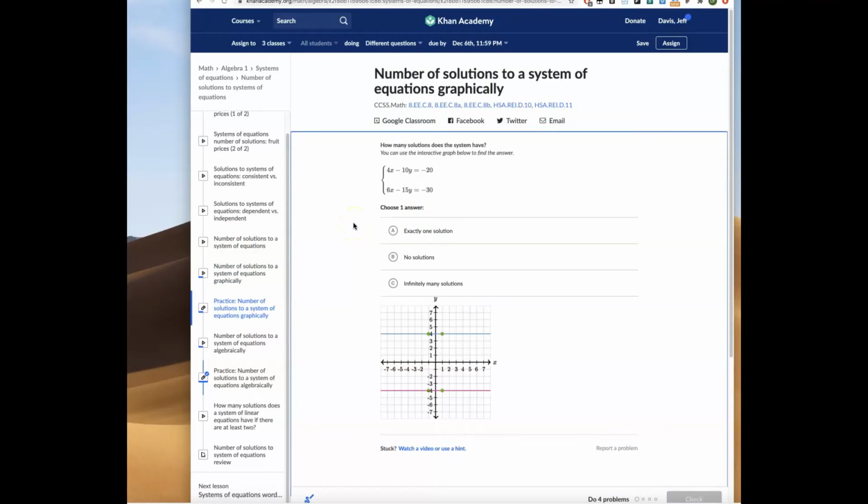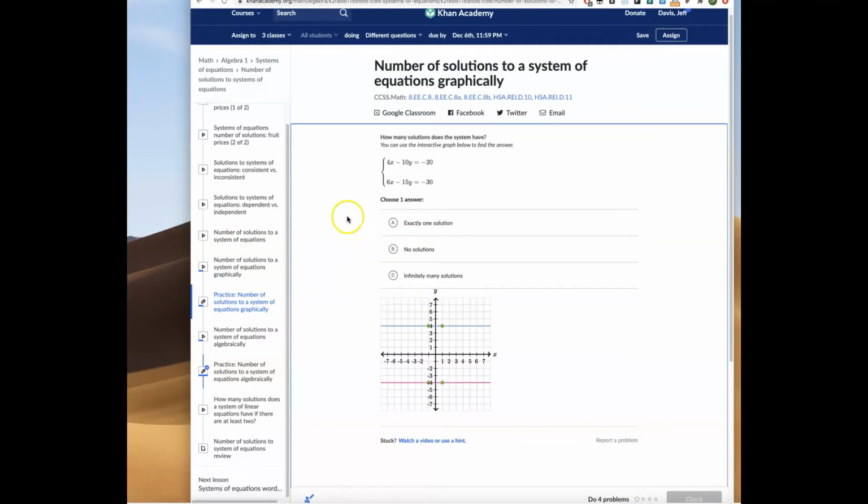Okay, perfect. This is kind of the other way it could be set up and you'd be asked to graph. So I would do this with the intercepts like we talked about in one of the earlier videos. So I'm going to find the x and y intercept and just plot those 2 points. So the x-intercept here is going to be negative 20 divided by the number in front of the x. So negative 20 divided by 4.